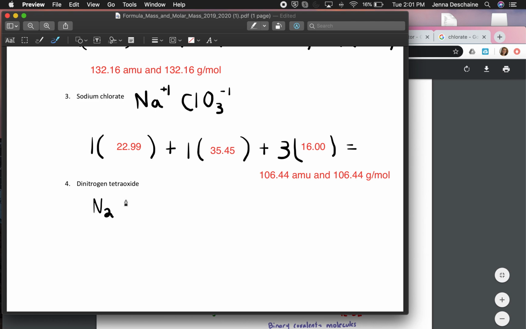Tetroxide, okay? So tetra is a prefix that means 4. So this would be my formula for this, okay? So I have 2 nitrogen atoms right there. I'm going to put a 2, then wait to put in its molar mass, or its mass. Then 4 oxygen, just like this.